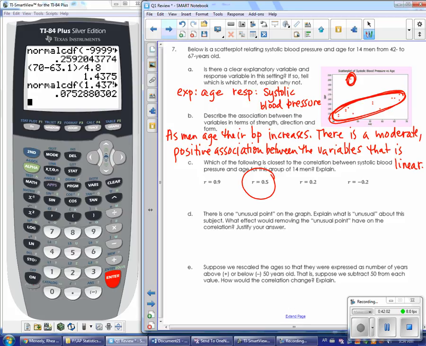And so in letter D, let's see, we'll just say the outlier has an impact on correlation, making it much smaller than it would be, making it weaker. And let's actually say closer to 0.